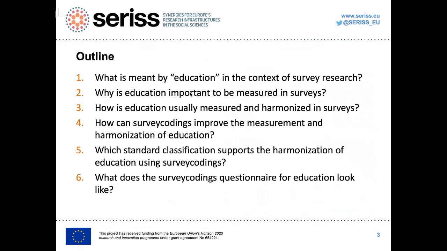Then also what the survey codings questionnaire for education looks like, and finally also whether you can access the education database that you will learn about during this talk directly.